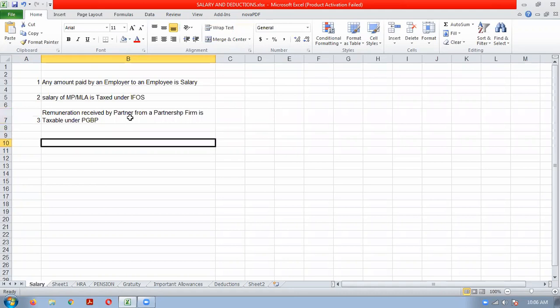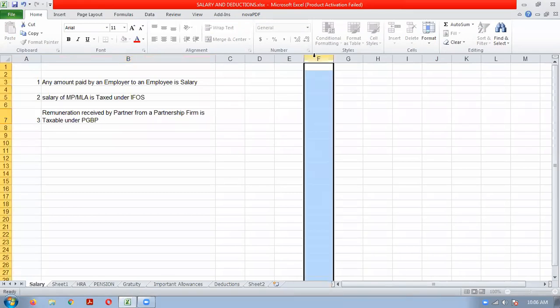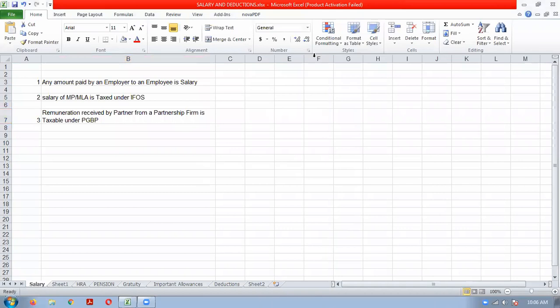Why? Because a partner is not an employee of a partnership firm. So if there is no employer-employee relationship, it cannot come under salary. It will go under profit and gains from business and profession.